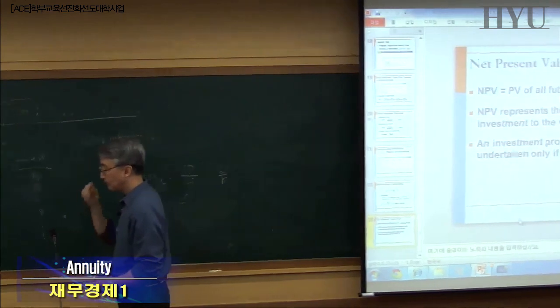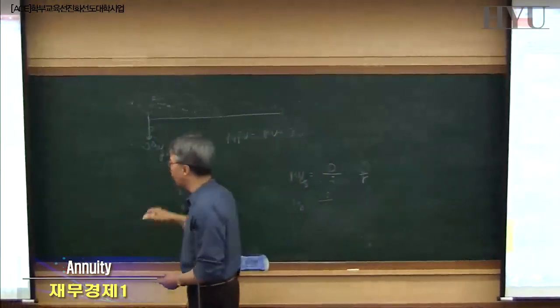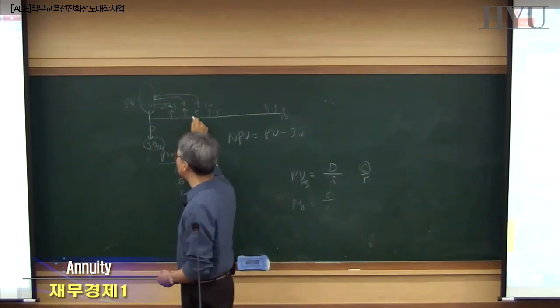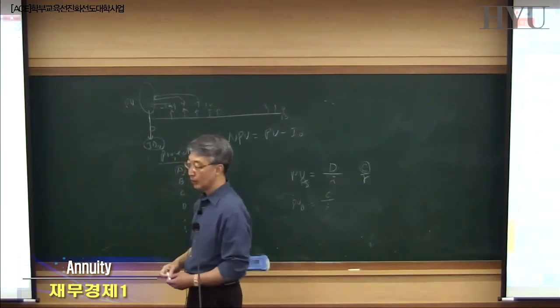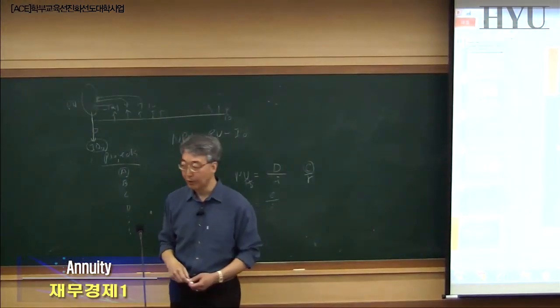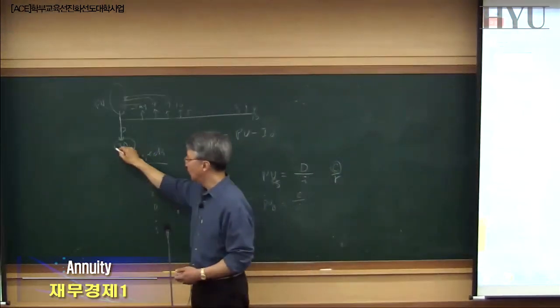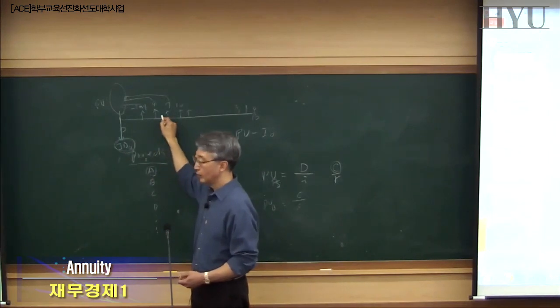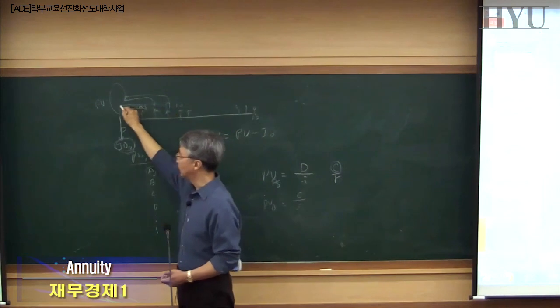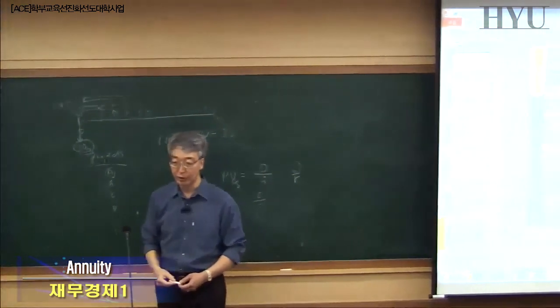Well, then you are comparing apples to apples, right? Because you expect all this future cash stream, but that's the future dollar, not today's dollar, right? So you cannot directly subtract today's dollar from future dollars. You have to first discount future dollars into today's dollar by using the discounting formula, okay?